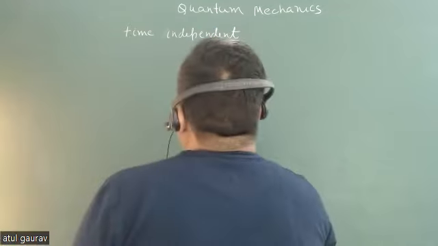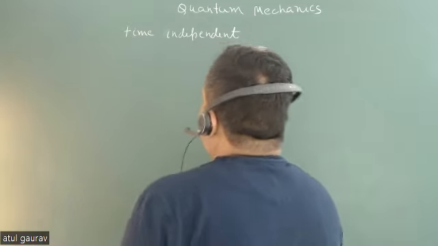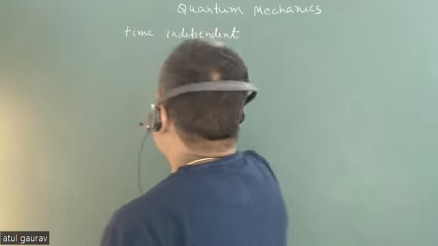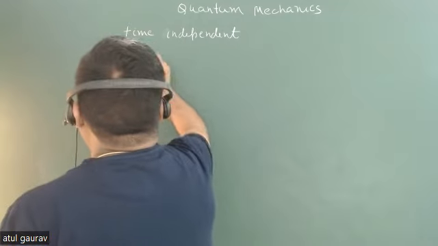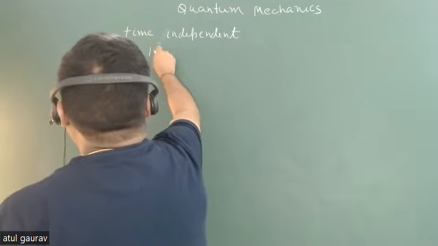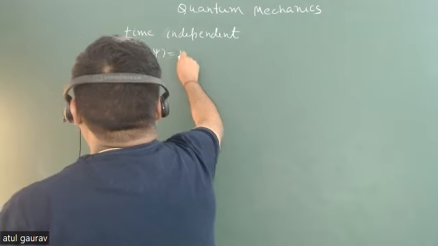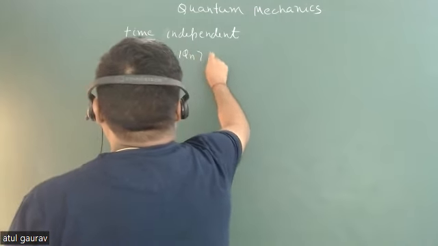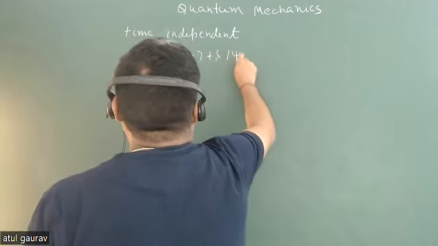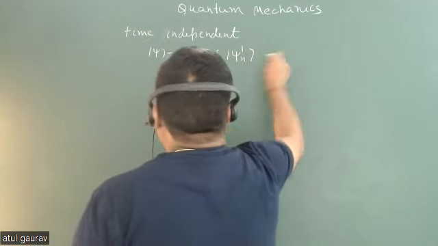If you have time independent perturbation, you have to work mainly with three different formulas. psi is equal to psi n0 plus lambda psi n1 and higher order terms.